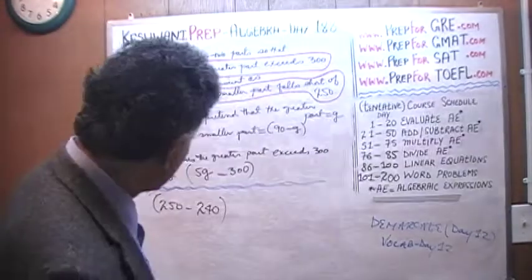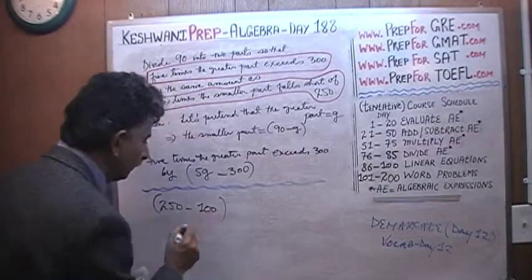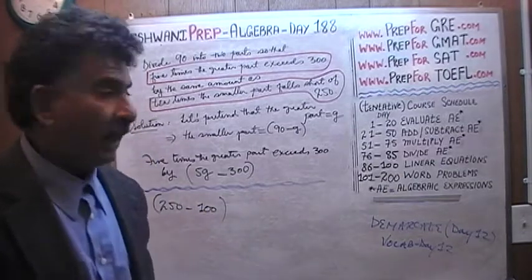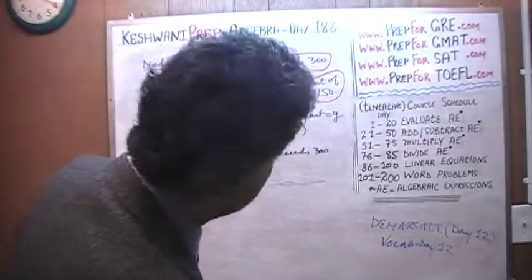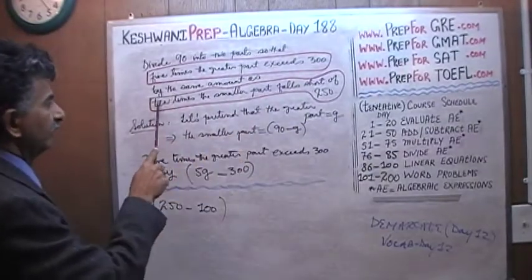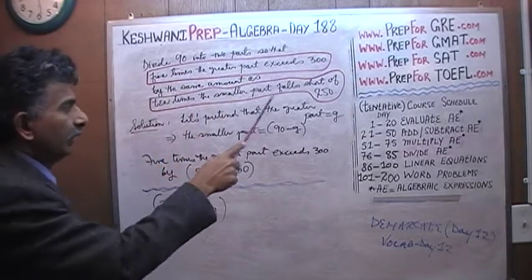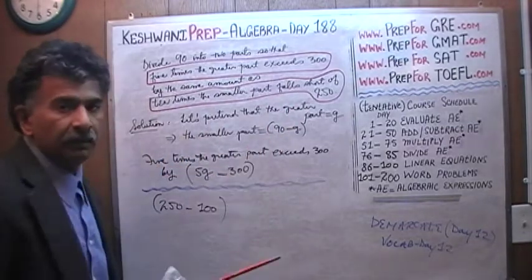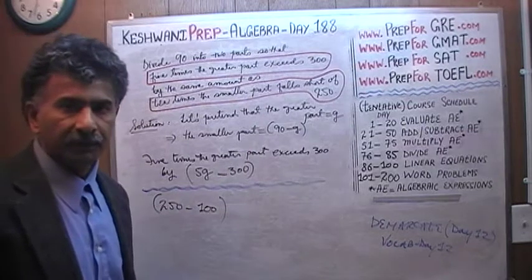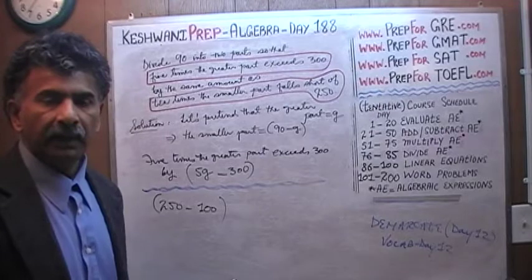Let's ask ourselves one more question. Let's pretend that 10 times the smaller part is 100. So then the question is, 100 falls short of 250 by how much? 100 falls short of 250 by 150.